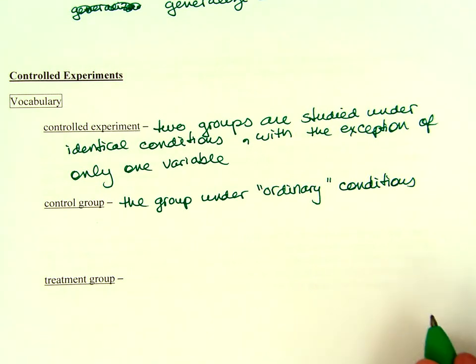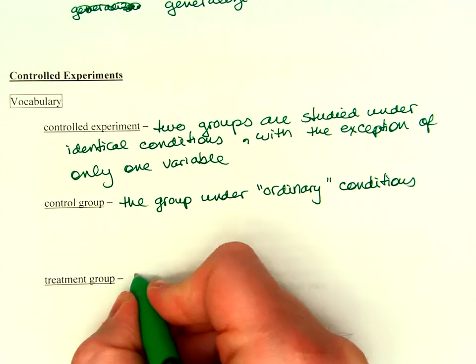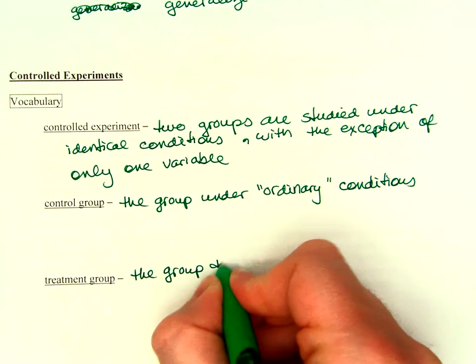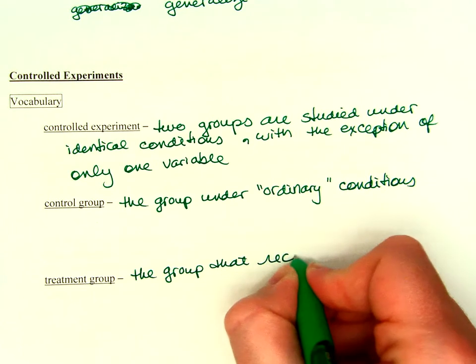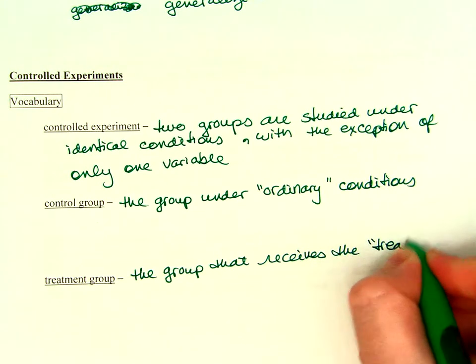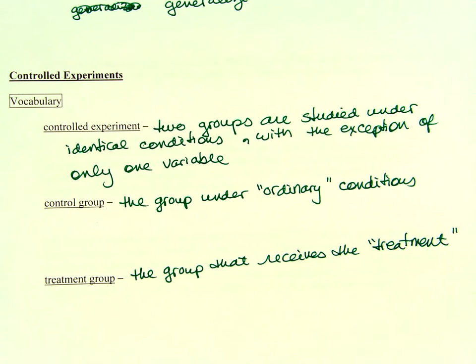You might call this the experimental group in science. We're going to go with the treatment group. That's usually the statistics term for this. We're going to call this the group that receives the treatment. The something that's different, something that's out of the ordinary. Again, this will make a little more sense once we start looking at some specific examples on the next page.